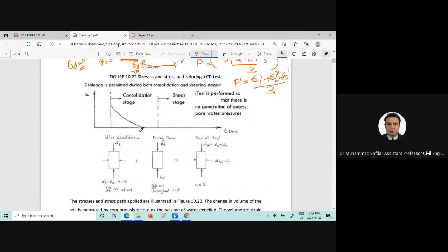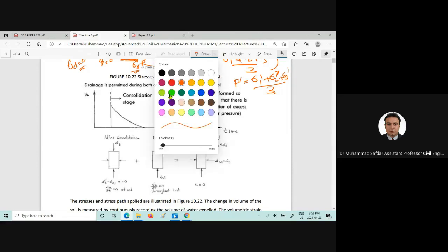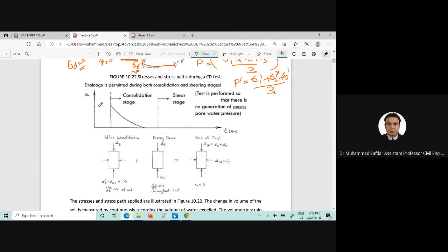In other way, we can say that, for example, this would be the sample preparation stage. So the time is being paused and u is equal to 0 here.